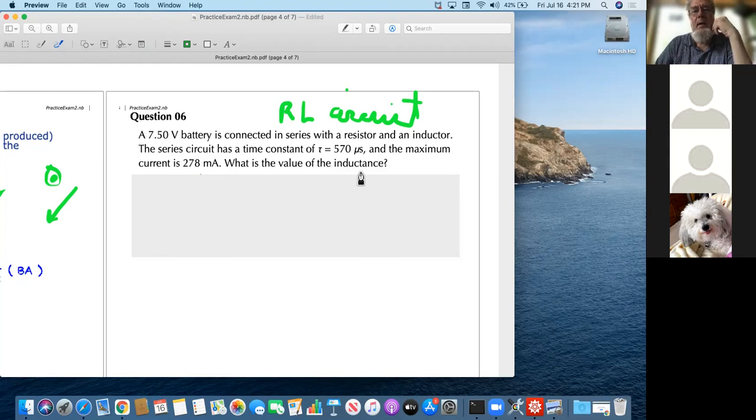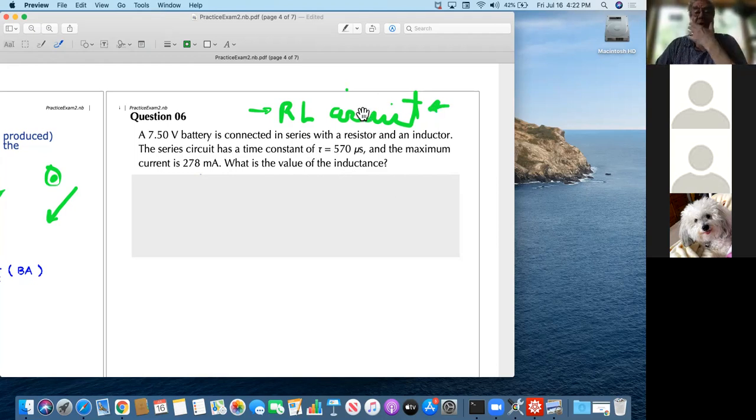What's the value of L? Well, you're going to have some equations about the RL circuit on your equation sheet. So again, you can get that from the exam study guide.